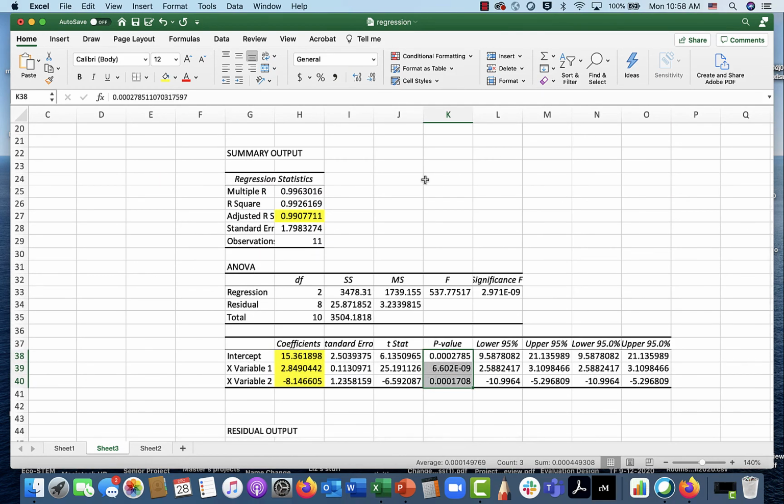Now we can say observed time is equal to 15.36 plus 2.85 times the batch size minus 8.15 times Joe or not Joe. So that's the model I have now. It's a more sophisticated model that we can use to predict. So that's a little bit of a look at how you might use regression, multiple regression, in industrial engineering.